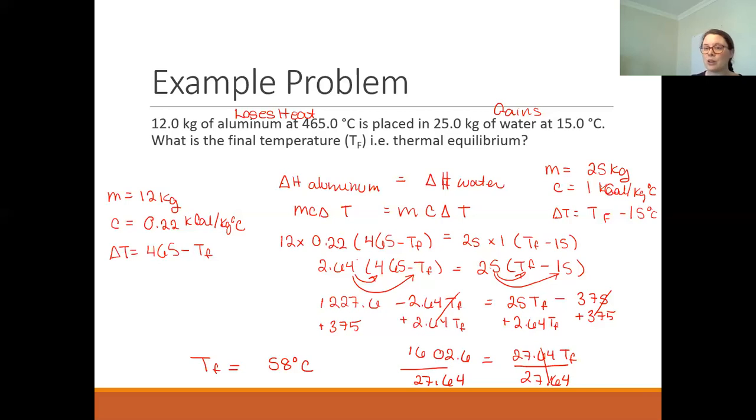So thermal equilibrium is something you use in your trades. It's the whole principle behind how rads work. Sometimes we want to use it to cool things down. There are other times we want to use it to heat things up. And when we're heating things up, we're thinking about baseboard heaters, hot water baseboard heaters, which are much more common in PEI than they are in some other places of the Maritimes, in order to transfer heat from my hot water tank to the environment.